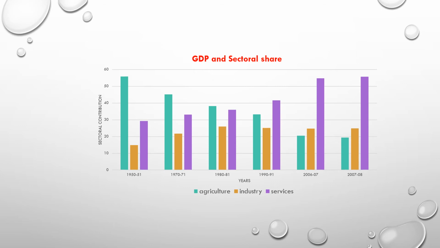But after 1991, you can see the total scenario changed. Service sector contribution was very high rather than the agricultural sector. Agricultural sector contribution was continuously declining during that time.